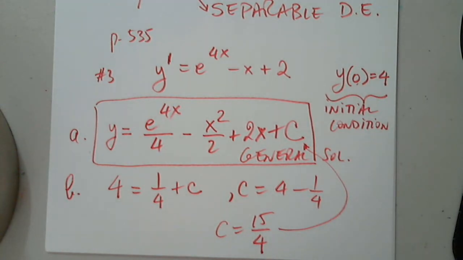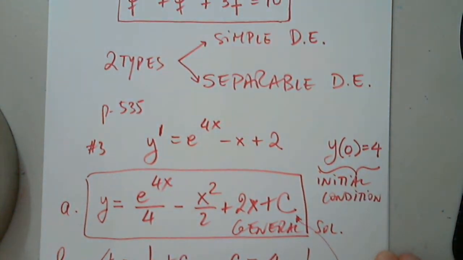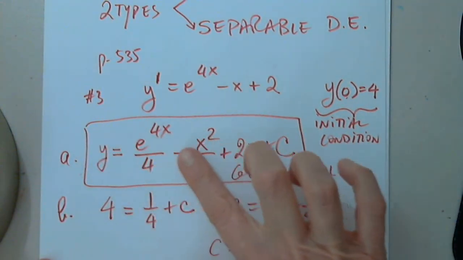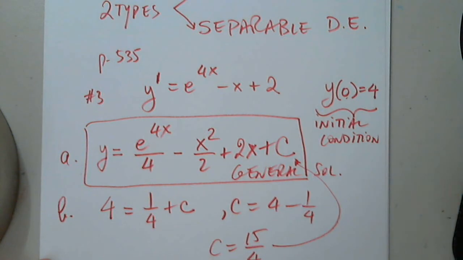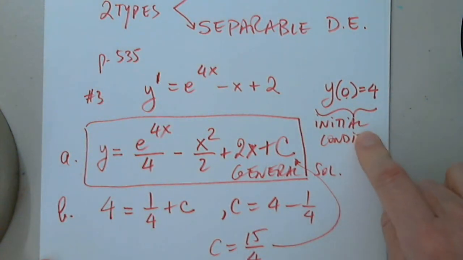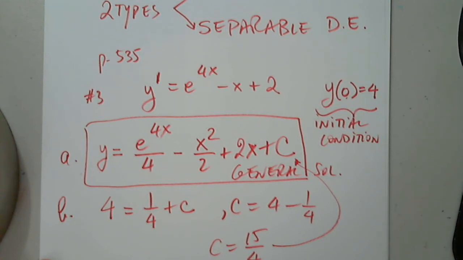Are we okay with this? This is nothing different from what we've covered so far. So basically for part A, you just do your antiderivative, and then just solve for c. Exactly. Given the initial condition, I find a particular solution corresponding to the initial condition. Correct. Is this okay? Any questions?